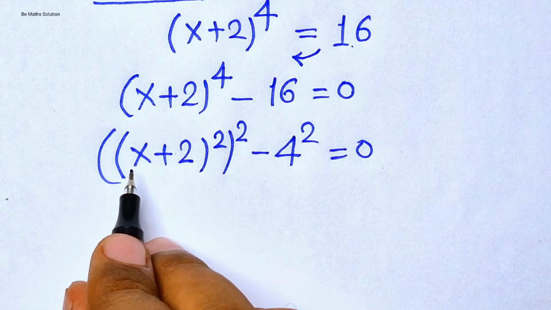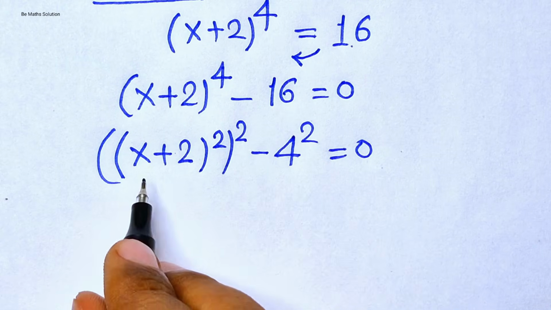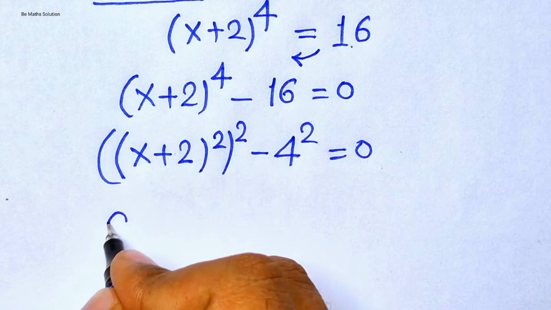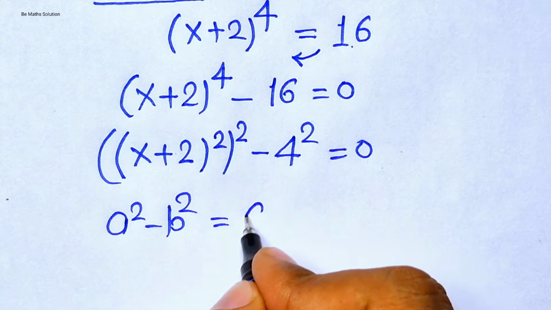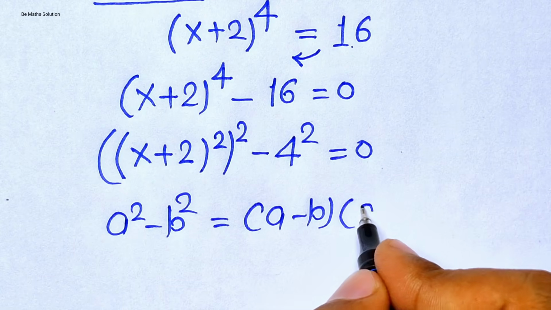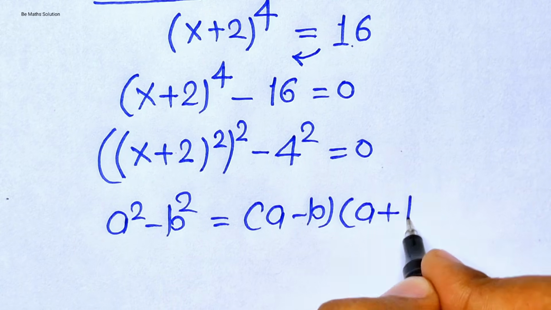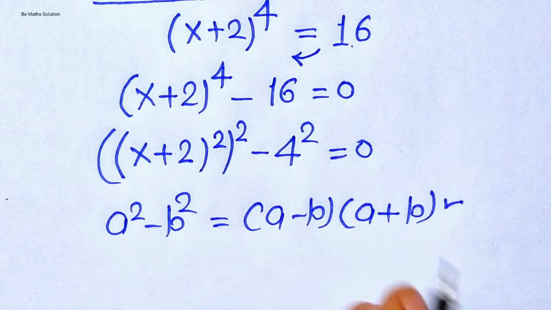Now here it is in the form of difference of two squares. So we will apply this rule: a squared minus b squared is equal to (a - b) times (a + b).